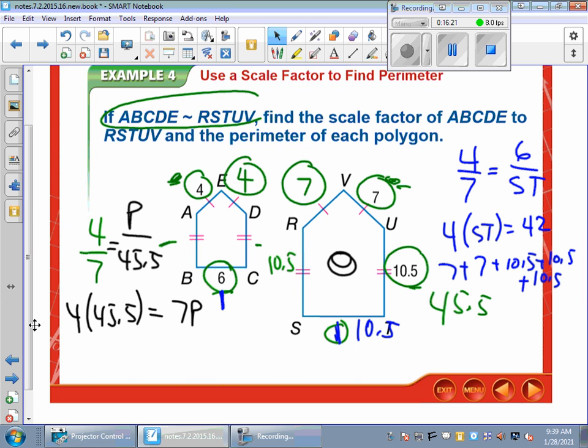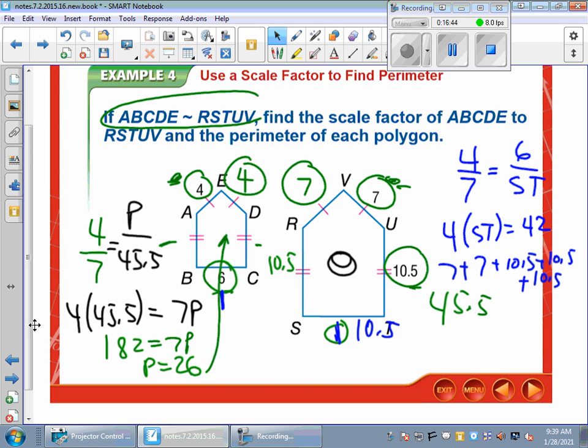So 45.5 times 4 equals 182. So 182 equals 7P. So you're going to divide that by the 7. And I find that the perimeter of the smaller object is 26. So that's the perimeter that will go right here.